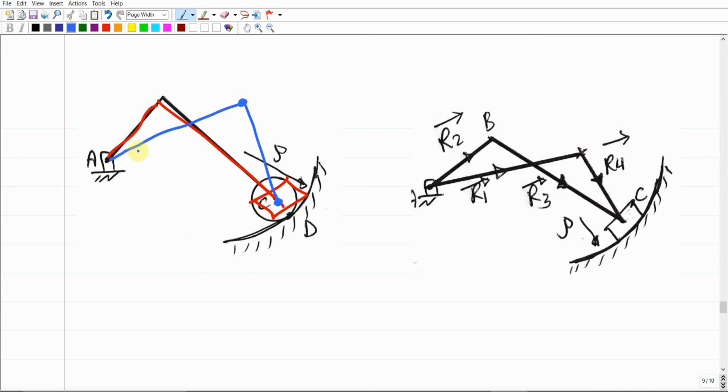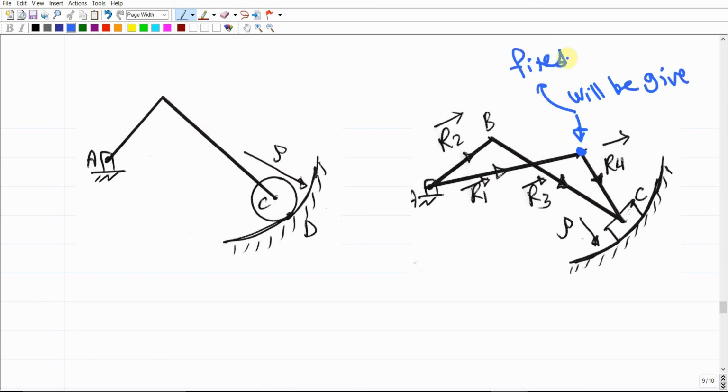Then this point is going to be connected to another fixed point, and this point C is gonna be a fixed point. So the location of the center of curvature will be given to us, and this point is a fixed point.